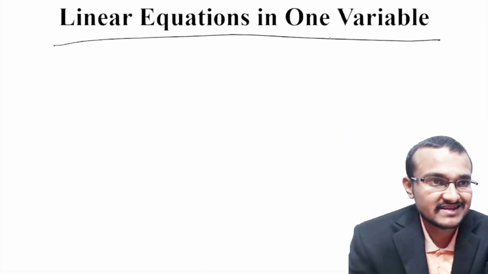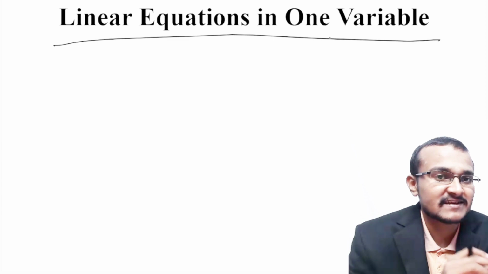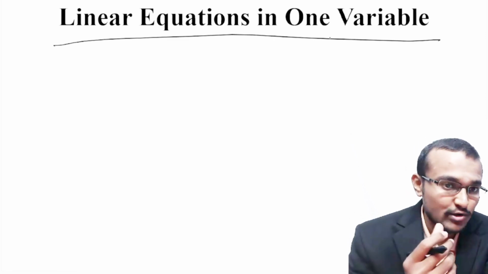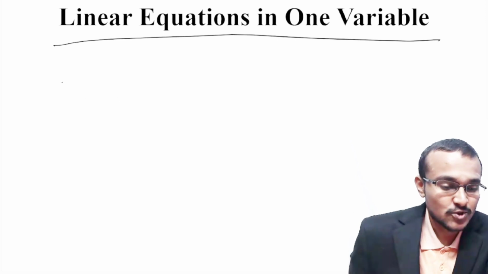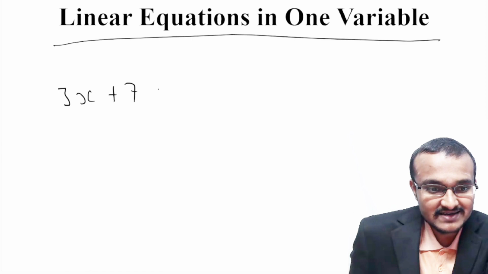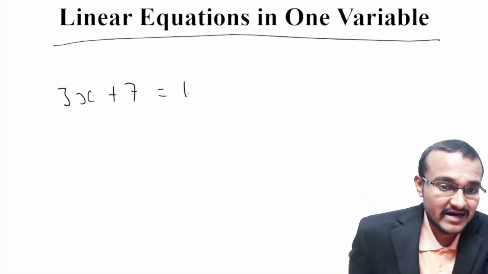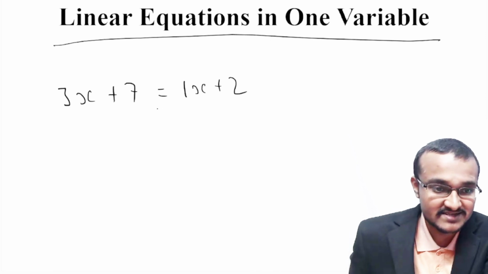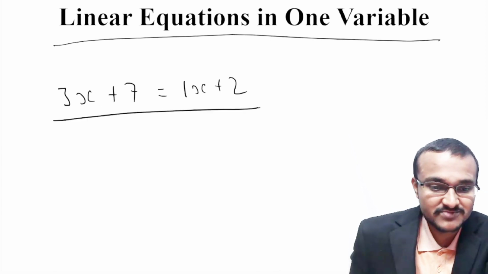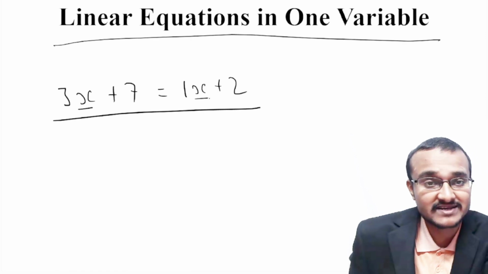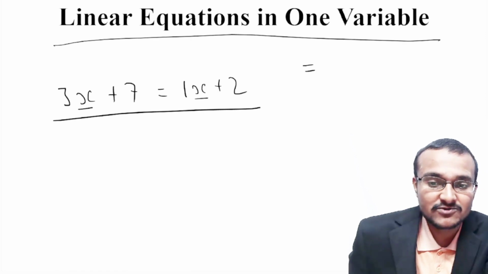Now you might be thinking: if we have the same variable on both sides, does that become one variable or two variables? That will also be one variable. So let's say you have 3x plus 7 is equal to 1x plus 2. This equation is also a linear equation, because the variables in it have power equal to 1.